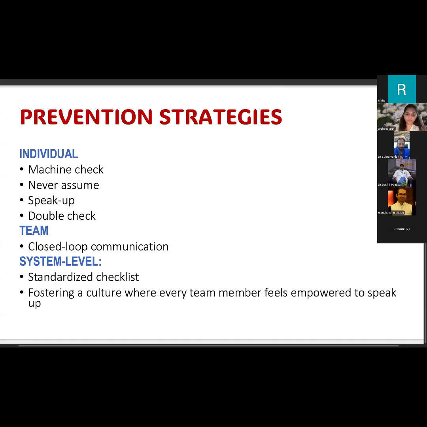At the team level, briefing and closed loop communication should become routine. And system level interventions include standardized checklists, color coding, organized drug trays, simulation training, and most importantly, fostering a culture where every team member feels empowered to speak up, irrespective of their cadre or position.